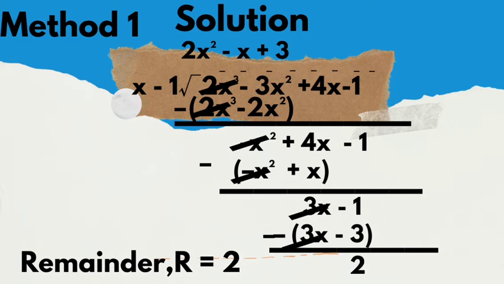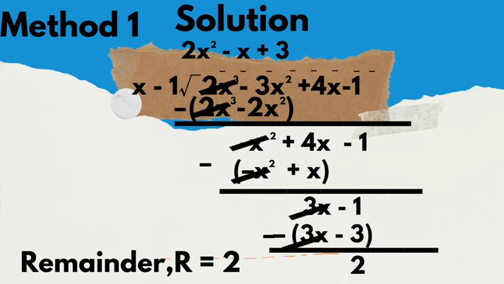So 2x squared multiplied by x, that gives us 2x raised to power 3. 2x squared again multiplied by minus 1, that gives us minus 2x raised to power 2. Now, when we introduce negative sign, 2x raised to power 3 minus 2x raised to power 3 will go out.